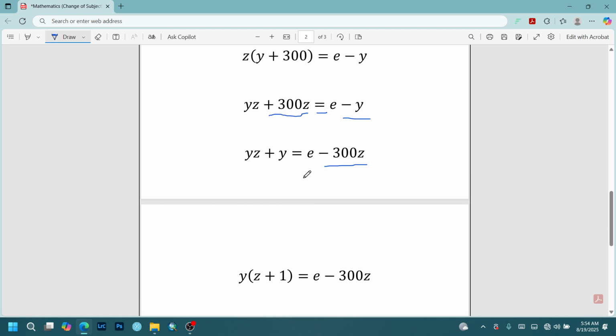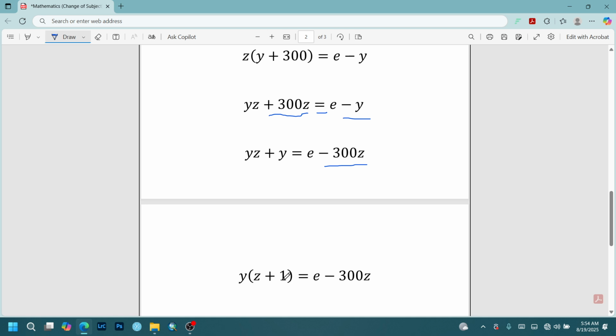So our new equation is y multiplying (z plus 1) equals e minus 300z. Y multiplying (z plus 1) is not independent; y is not independent. It has a dependent factor, which is z plus 1.